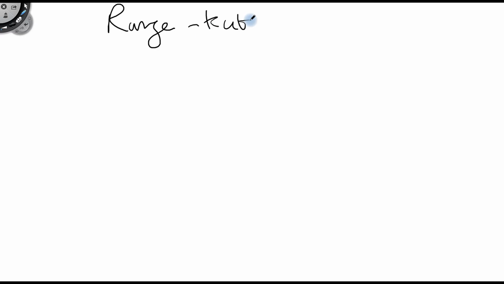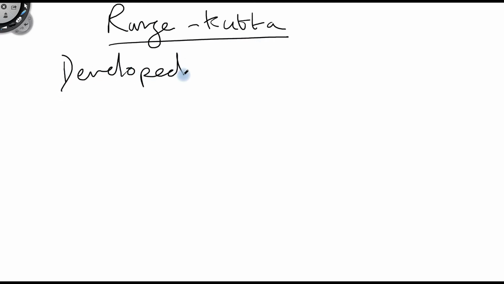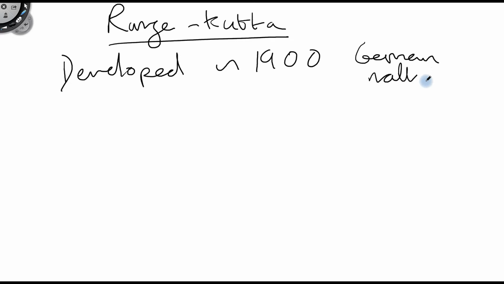This is an example of a numerical method named after the people who came up with it. It was actually developed, if you're interested, around 1900 by German mathematicians called Runge and Kutta. But the interesting thing is this was developed before computers.